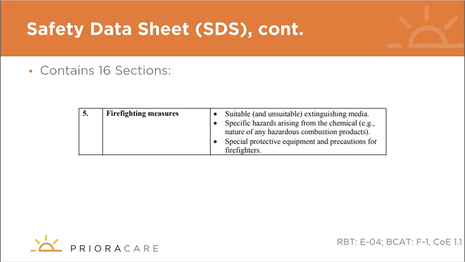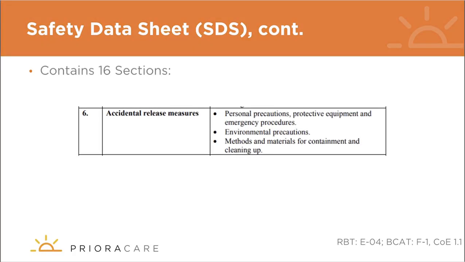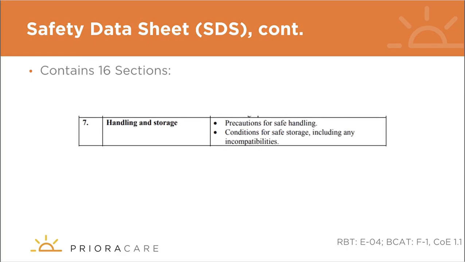The fifth section is on firefighting measures. The sixth section explains accidental release measures, such as personal precautions, protective equipment, and emergency procedures. The seventh section describes handling and storage, which includes information on precautions for safe handling and conditions for safe storage.